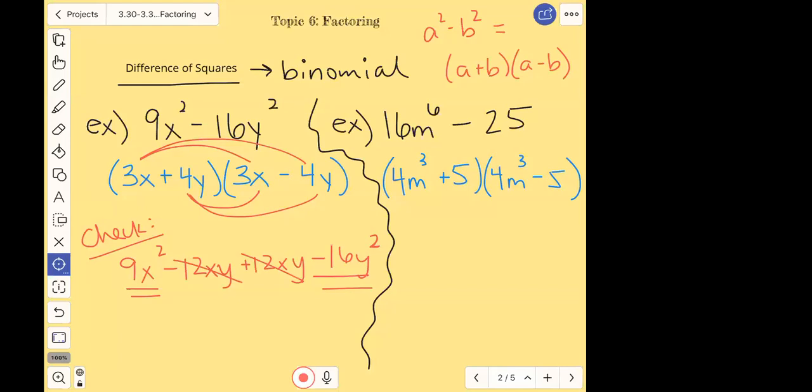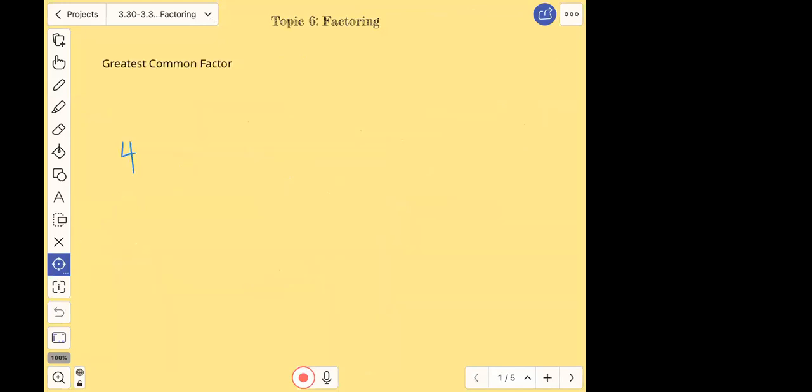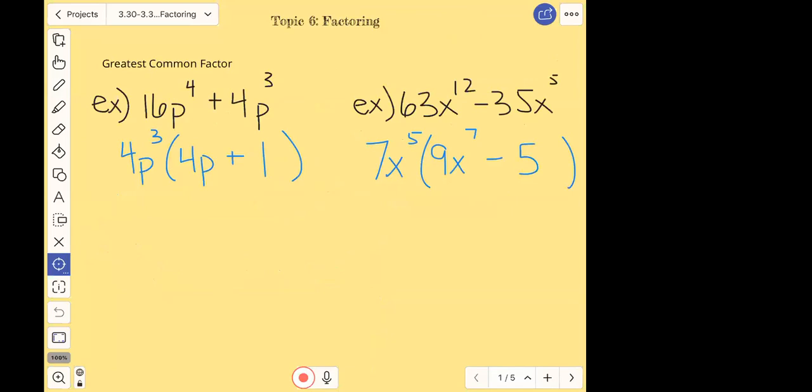Cool. So I'm not spending a ton of time on these first 2 slides, but really the idea behind GCF is that anytime you're asked to factor, that should always be step 1, is just to see if you have a GCF. And then whatever remains might be able to be broken down even more, right? Like if we look at this example here, when we broke this down, what was left? Well, we had a binomial left.